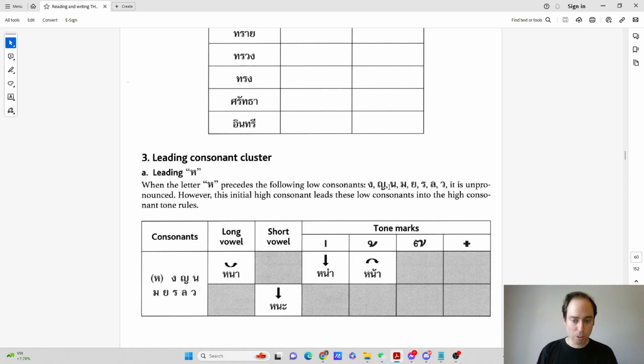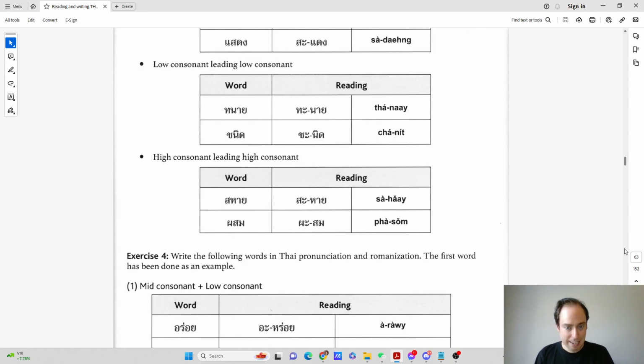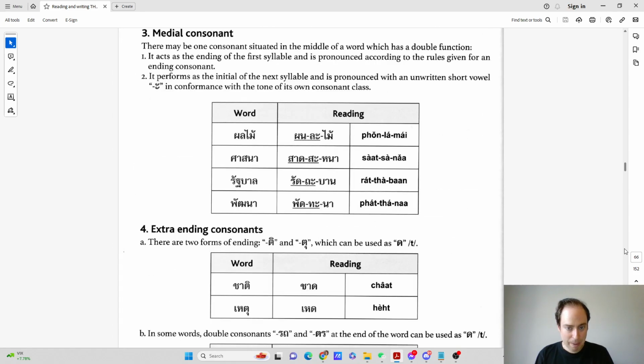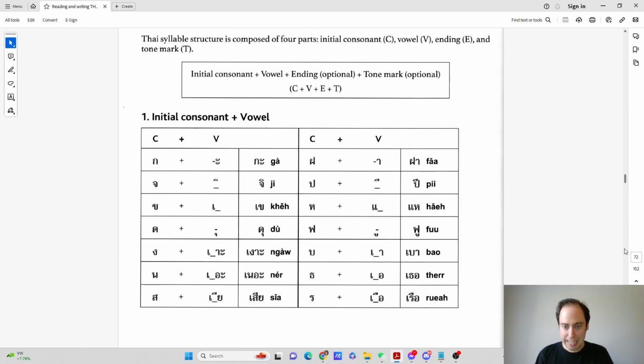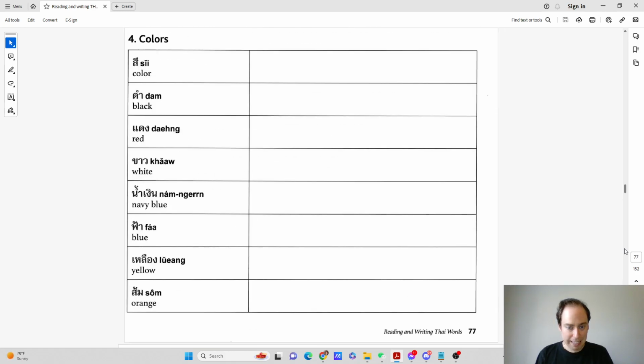So even though these are low consonants and you would expect to follow those low consonant rules I showed you before, if you have this preceding letter, you don't pronounce it, but it changes the tone marks to the high consonant tone rules. So that becomes a bit tricky. Anyway, there are some other extraneous things, for example, irregular readings, but I won't get into that too much. That's basically it for the main part of the Thai alphabets.